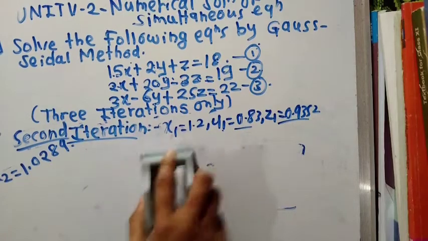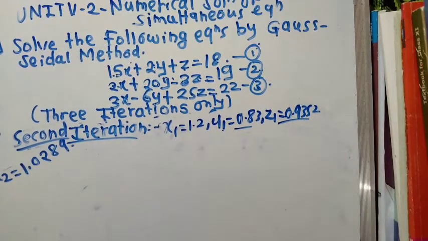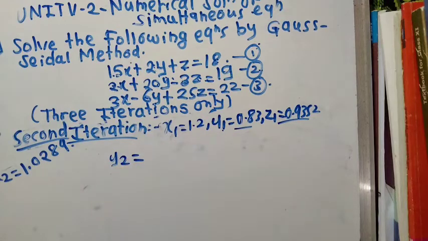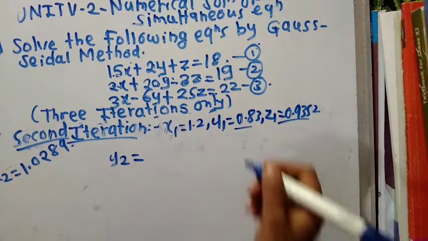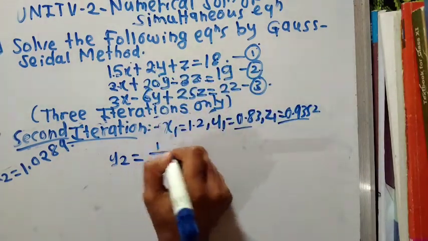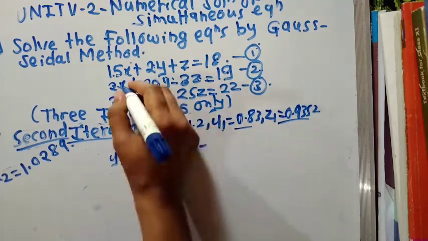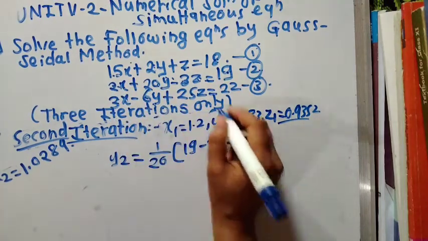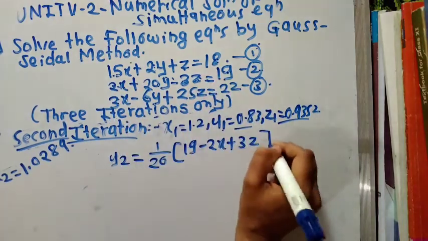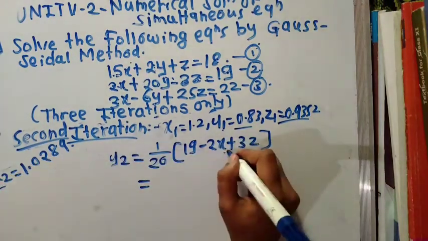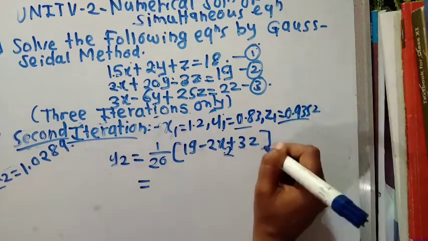Then find out y2. y2 from equation second is 1 divided by 20 times (19 minus 2x plus 3z). Here we use x2 and z1.